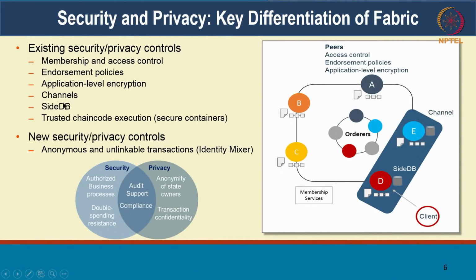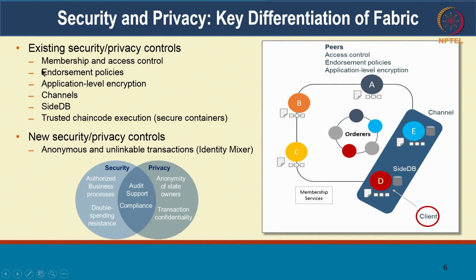So there are many controls that are provided in Fabric to give you different notions of security and privacy. There is membership and access control. So at every stage of Fabric, you can have access control. So you can say who are the ones who are participating in a channel, within a channel who is executing chain code, within the chain code what are the endorsement policies, right?